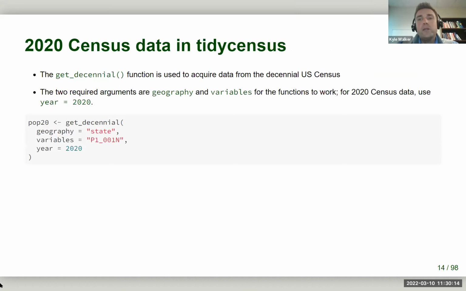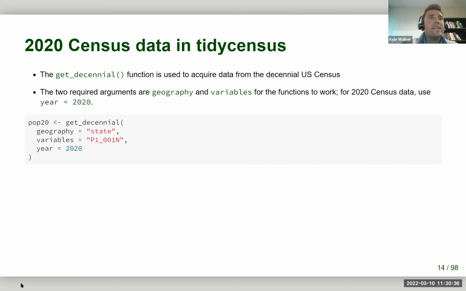So let's take a quick look at getting 2020 census data from Tidycensus. For any decennial census that's available from the Census API, you'll use the get_decennial function. We can use it to get census data from 2000, from 2010, and now from 2020.